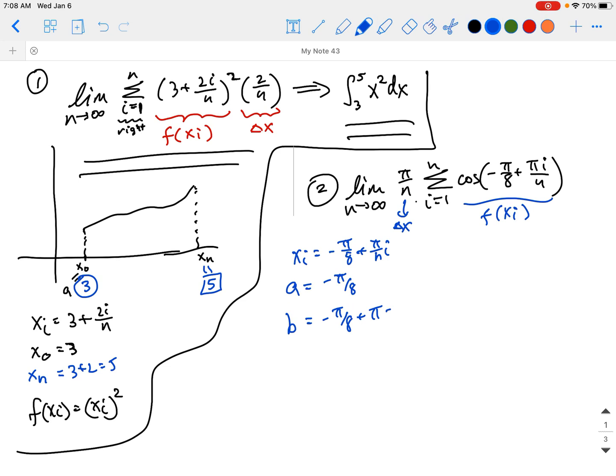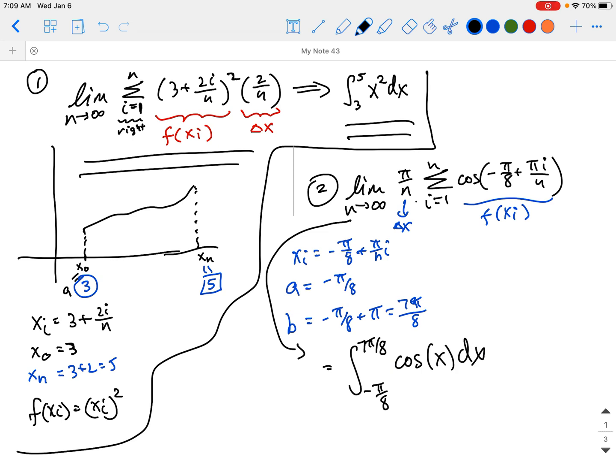So that's 8 pi over 8 minus 1 pi over 8, so we'll go to 7 pi over 8. So then our integral is going to be the integral from negative pi over 8 to 7 pi over 8 of cosine x dx.